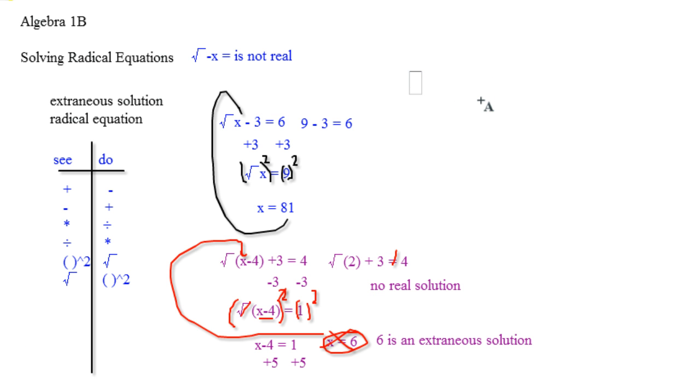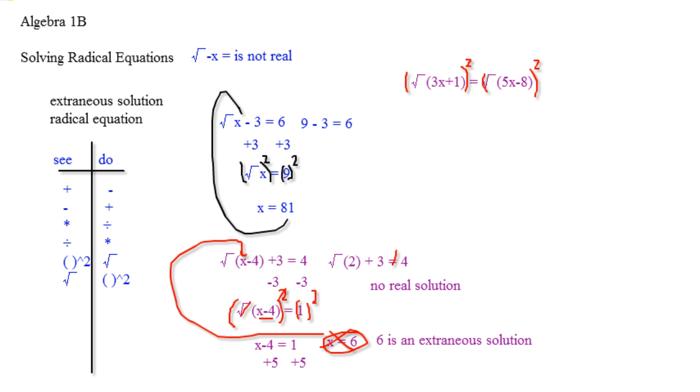Okay, now if we had to solve something that looked like this, let's say the square root of 3x plus 1 equals the square root, and you can actually have square roots on both sides, of 5x minus 8. Okay, now the cool thing is I have nothing to get rid of on the outside, so I can just basically square both of these sides.